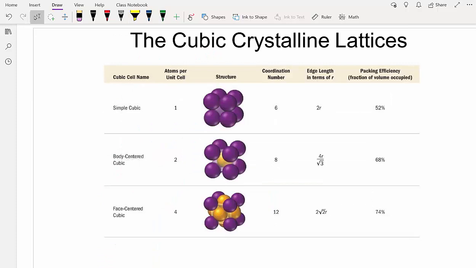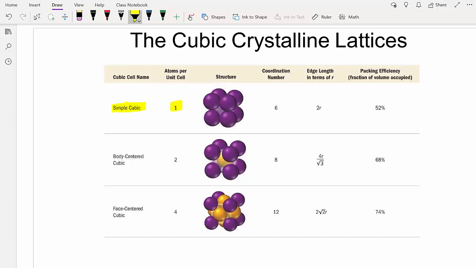The slide on the screen right now is one of the most important slides when you're talking about unit cells. It summarizes most of the information you need to know. As you can see from the slide, SCC has a total of 1 atom per unit cell.